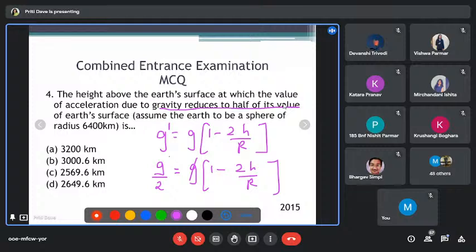Common sense says this will cancel. If you halve it and substitute, then the calculation becomes a bit more complicated. Anyway, you will get the same answer, but the calculation becomes more complicated. So if you don't want that, this is how you do it. So guys, now I have given you a simple equation. Tell me what H should be where the value of gravity becomes half, that is 4.9 instead of 9.8. What's the answer, guys?